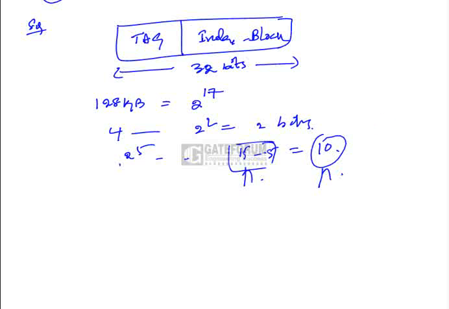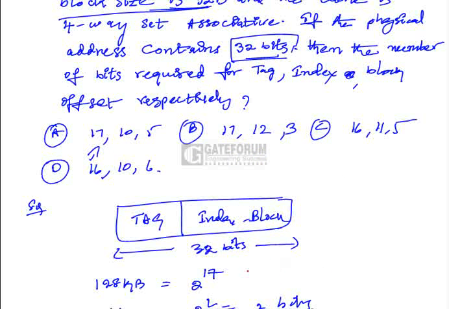So the tag is 17 bits, the index is 10 bits, and the block offset is 5 bits. Option A is the right option.